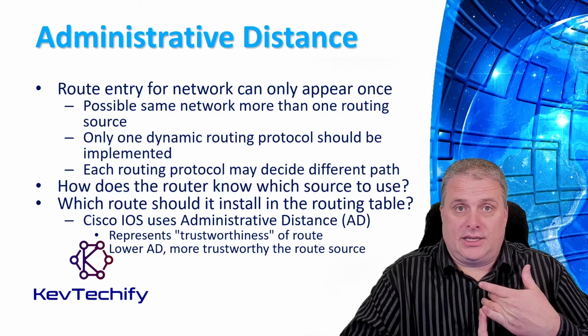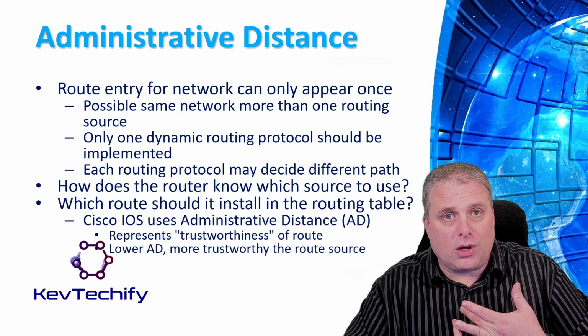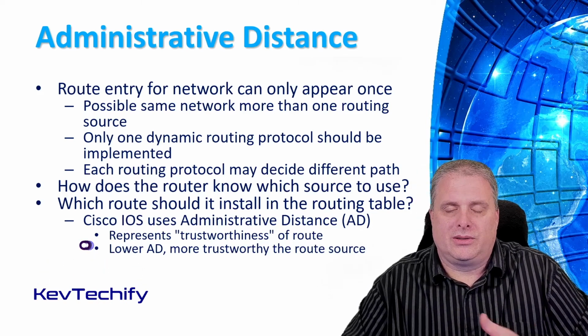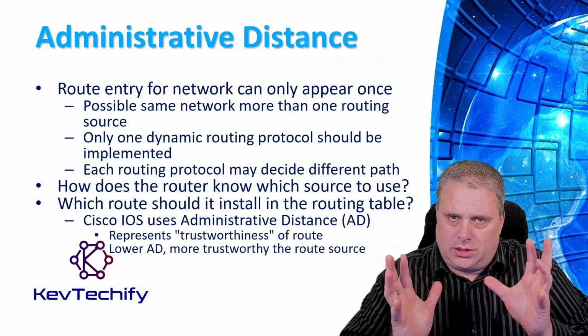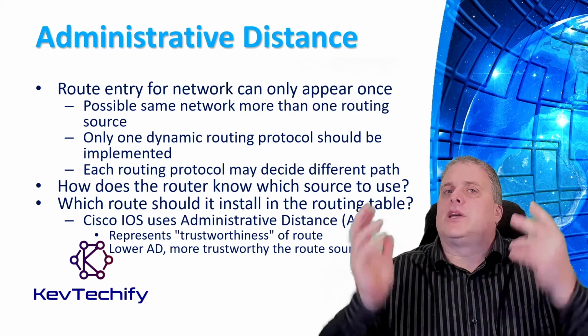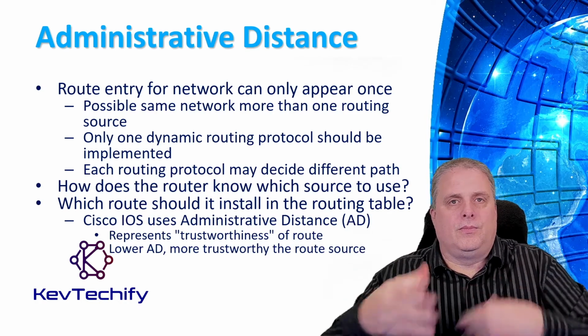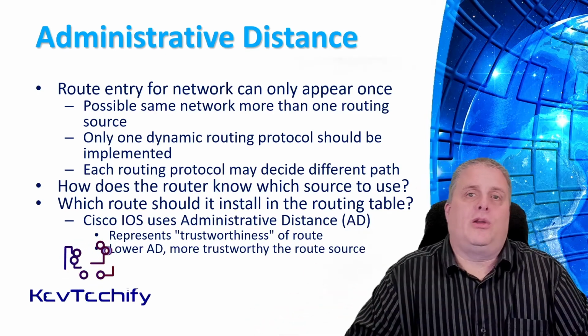It's directly connected. We learned about it through a dynamic routing protocol. Maybe you're running a couple different dynamic routing protocols. You should try to avoid running multiple dynamic routing protocols at all costs. But in some instances, you have to run multiple dynamic routing protocols. And they could decide one path is better than another path.